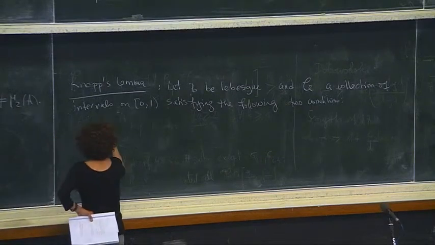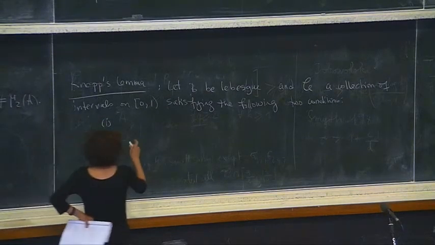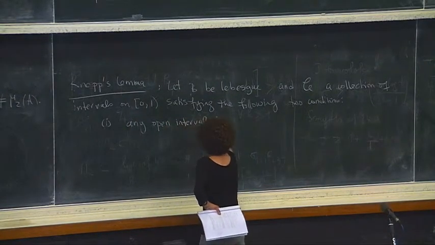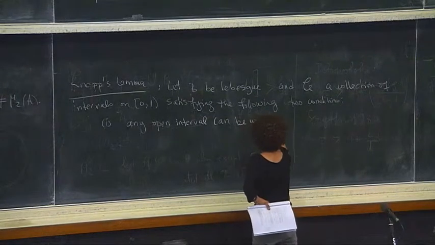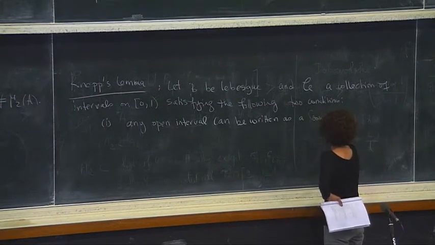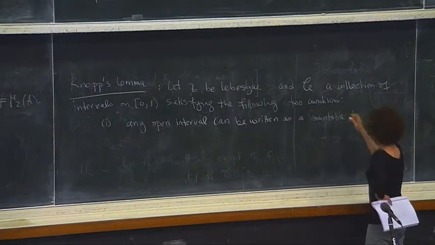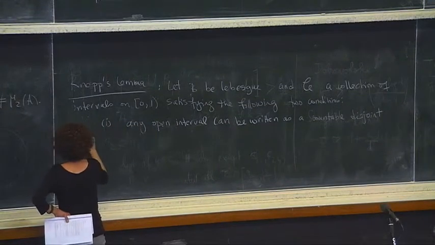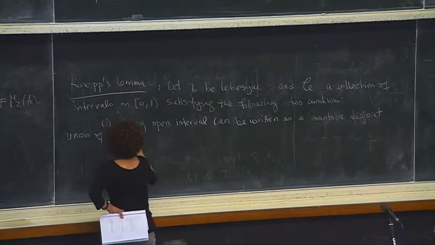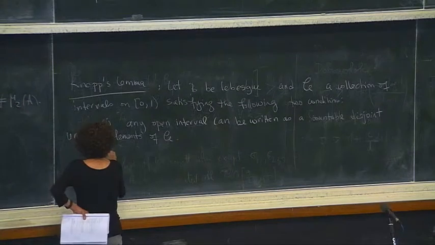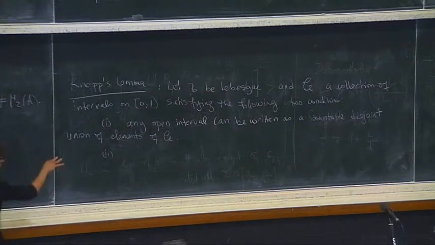The first condition is that this collection C generates, or that any open interval can be written as a countable, or finite of course, disjoint union of elements of C. And the second condition is that this set B intersects every element of C with a fixed proportion.